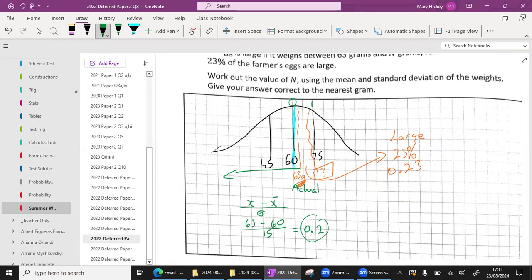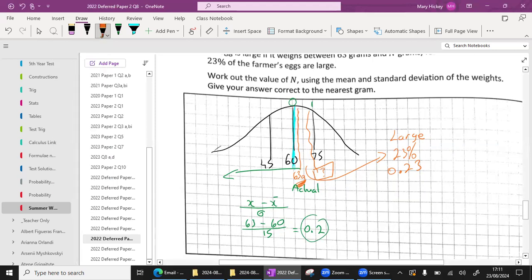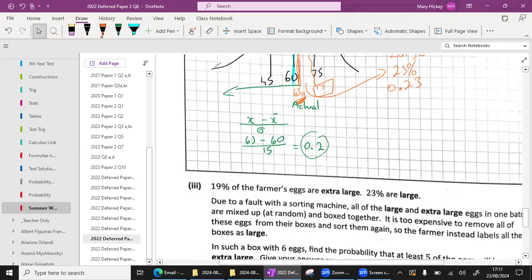We know that the orange line is around 63. It's only a sketch, but it does make absolute sense that it's 0.2.